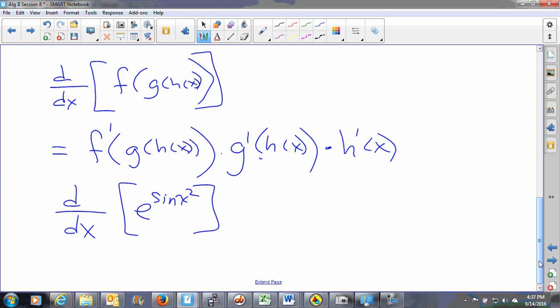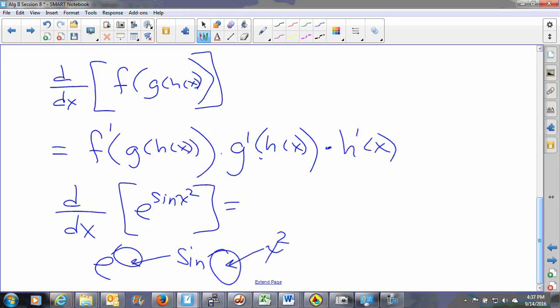The basic outside function is e to a power. And then inside here, we're taking the sine of something. And then inside that is a function that is x squared.